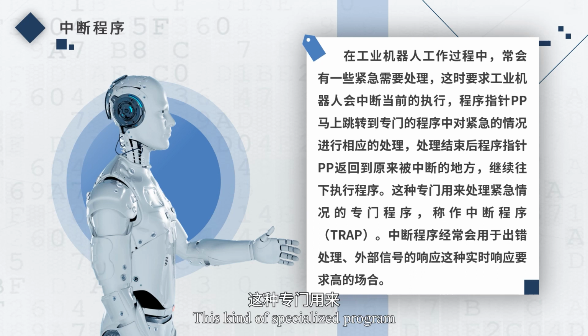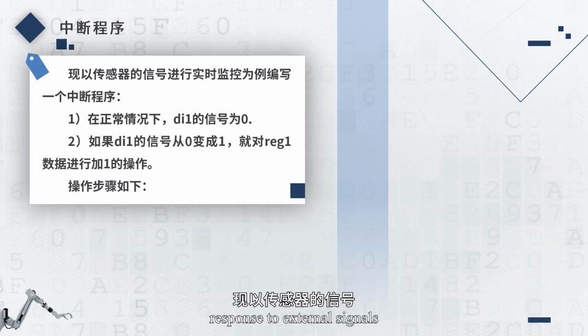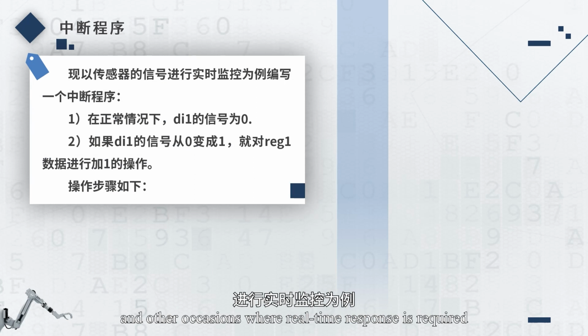This kind of specialized program is called interrupt program, TRAP, which is specially designed to deal with emergency situations. The interrupt program is often used for error handling, response to external signals, and other occasions where real-time response is required.